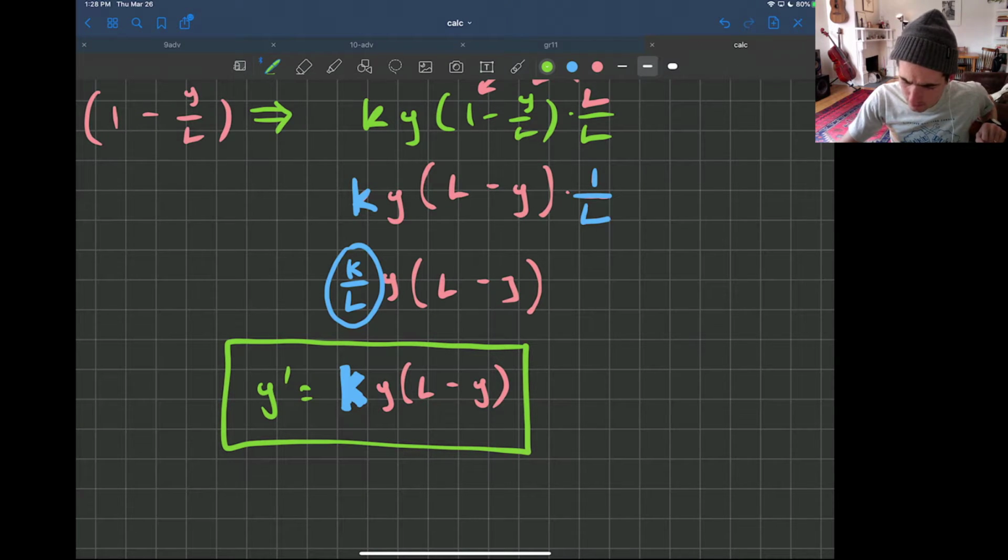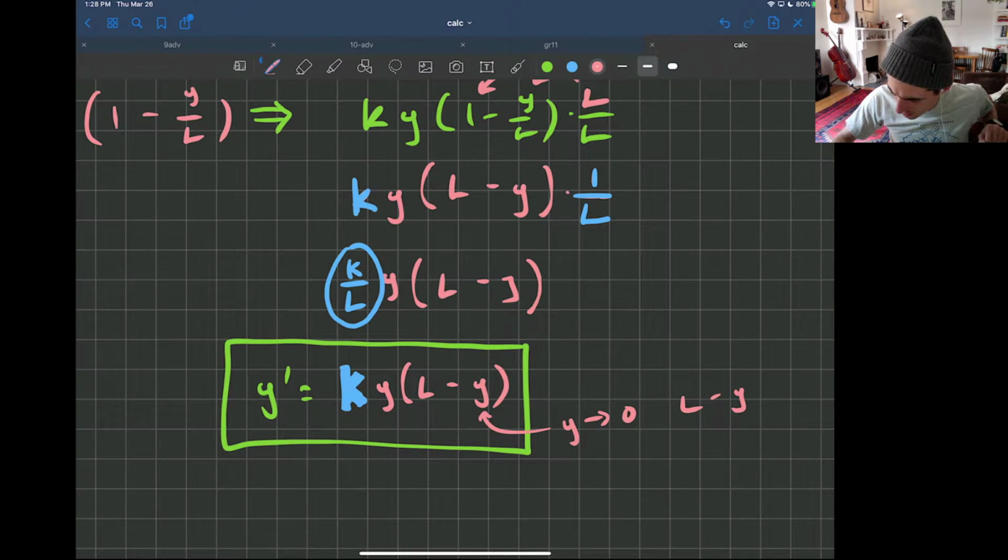And it really describes a really similar thing. Like when y is small, then this whole thing gets big.